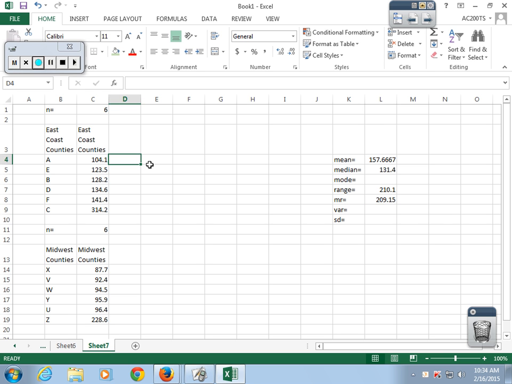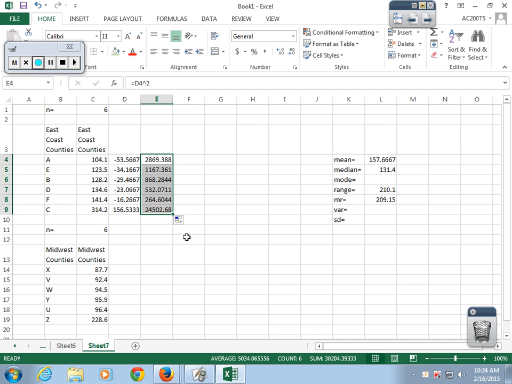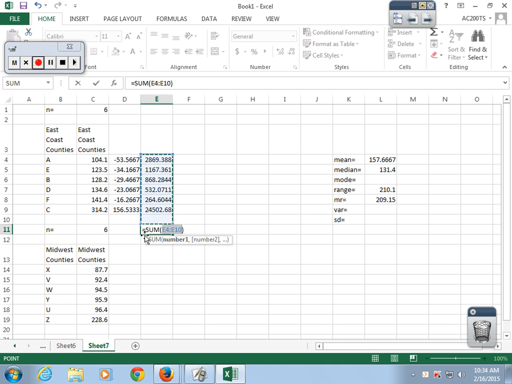Let's go ahead and do the variance: this minus this, F4, equals this raised to the second power, and summation, and that's equal to this divided by n minus 1.